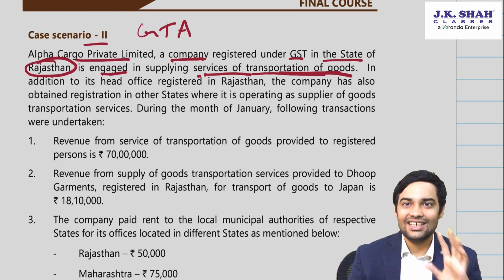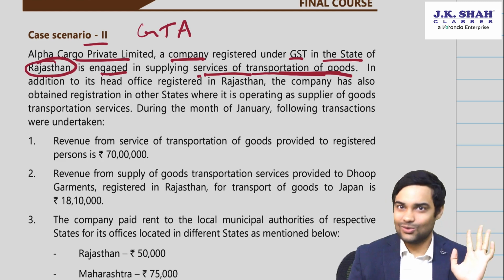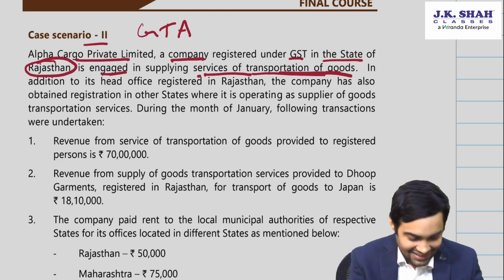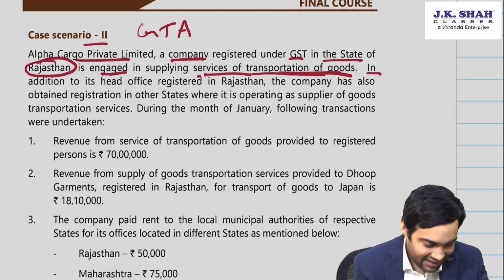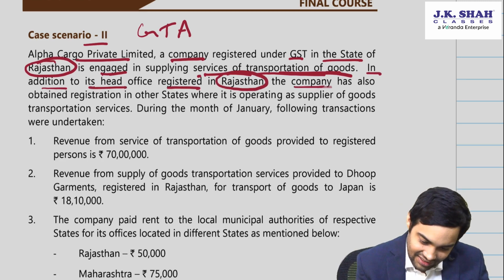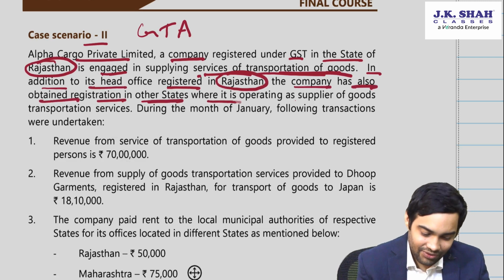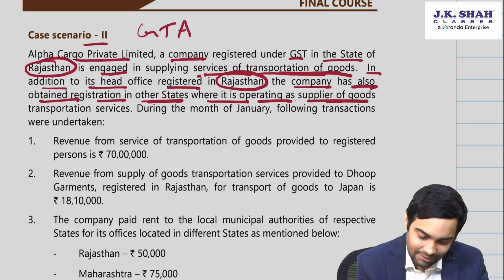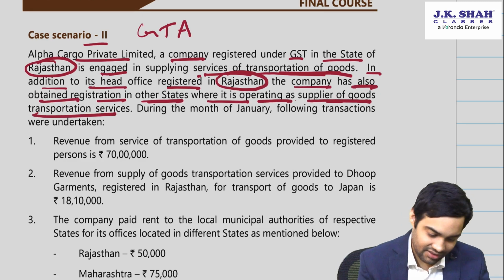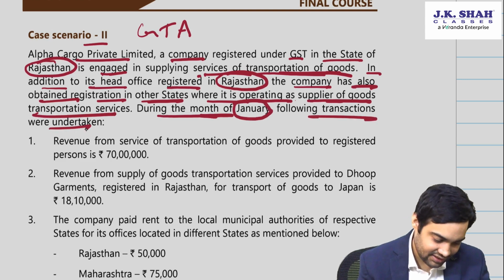Now the GST rate given in this question is 18. So you will use 18 throughout. Fine, sir. In addition to its head office registered in Rajasthan, the company also obtained registration in other states where it is operating as a supplier of goods transport service. During the month of January, the following transactions were undertaken.